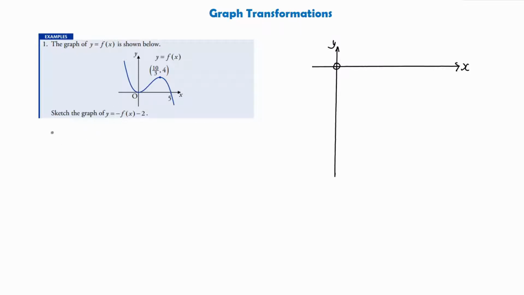So as we said, we need to begin by doing a reflection, and then we need to do our translation. And let's see what they're going to look like. Well, first we have our negative outside the f of x. So if you remember, when it's outside, we are simply reflecting it about the x-axis, because it's not next to the x.